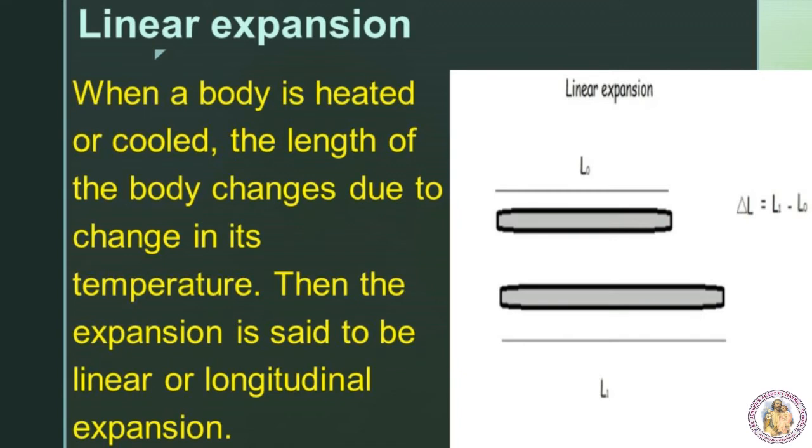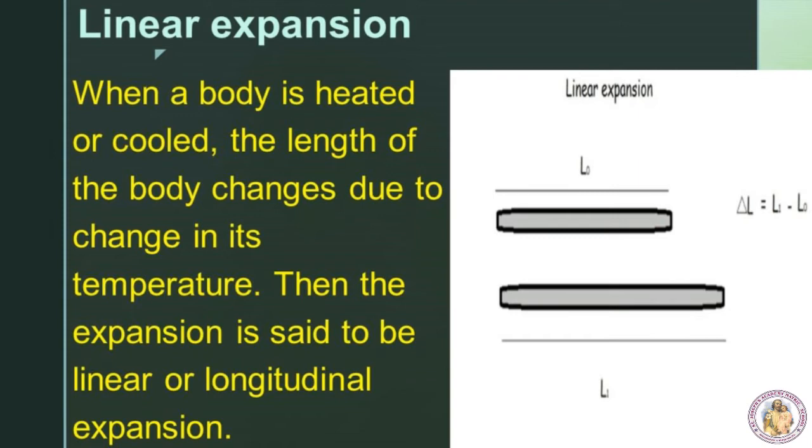What is linear expansion? When a body is heated or cooled, the length of the body changes due to change in its temperature. Then the expansion is said to be linear or longitudinal expansion. So what happens when heat is applied on any body? What happens first inside the body?